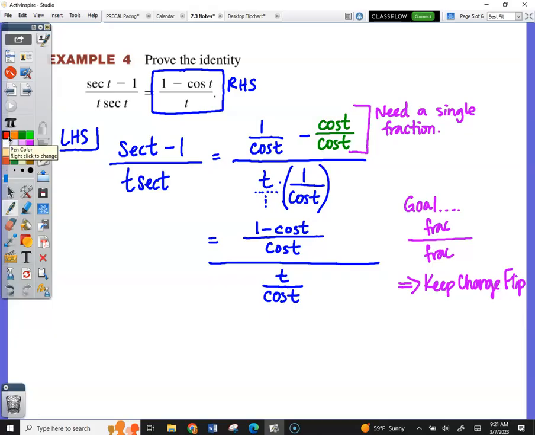Red means wrong, so don't write this. Please don't come in here and do that and then say that that's 1 over cosine. Don't do that, okay? The reason why you cannot do that is the t on top is just a t. The t on the bottom is the of part, cosine of t. You can't cancel those. And if you did cancel it, when you went and wrote what's left, you should be like cosine of what?